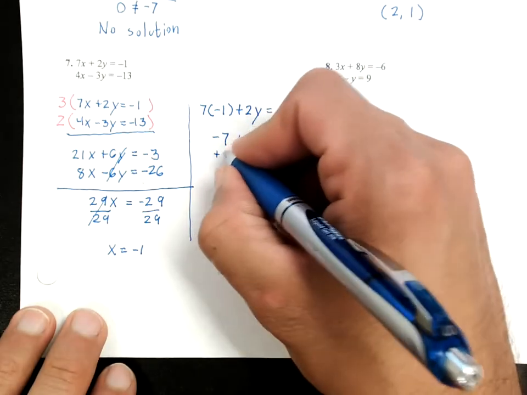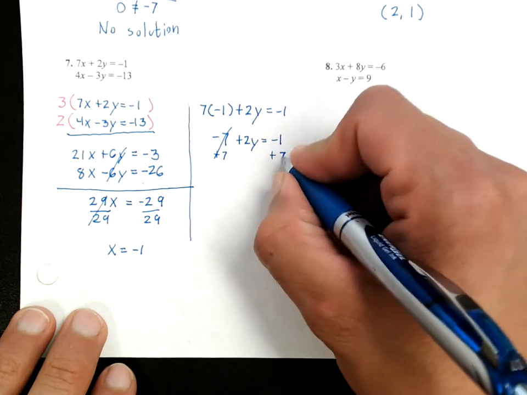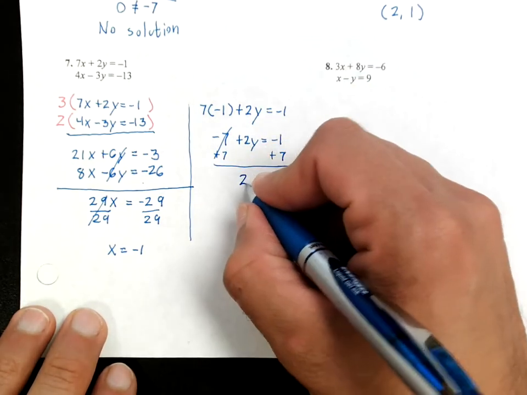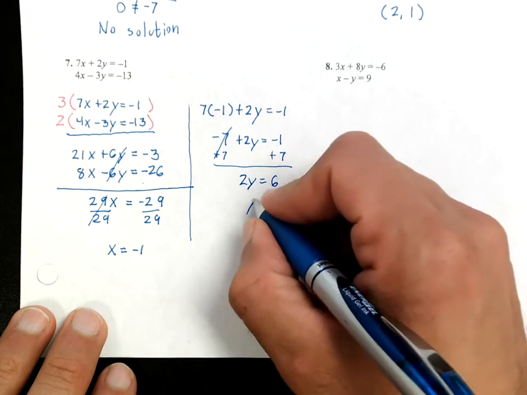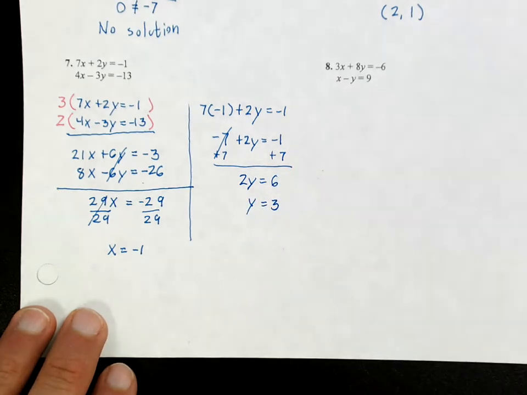And now I'm going to add 7 to both sides. I get 2y is equal to 6, so y is equal to 3, right? If you divide both sides by 2.